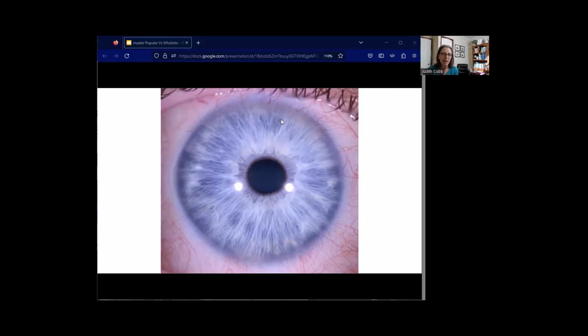So when we see this type of an iris, we would say this person has a tendency to be over acid throughout his body, and that he has tendencies towards sluggish lymph and sluggish blood flow. We cannot say for sure, however, if he's having problems in those areas, because this is his genetic potential.